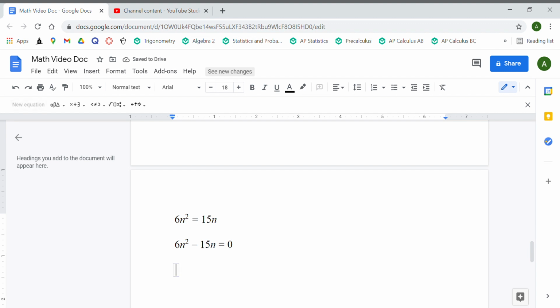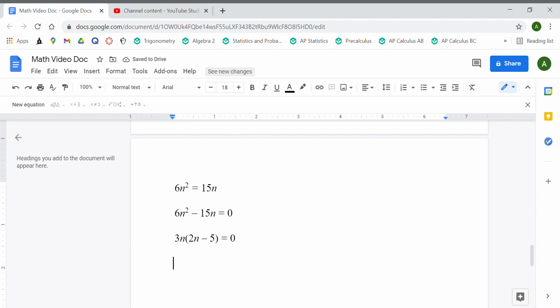That is not a whole number, so 6 is not a factor of 15. 3 goes into 6 2 times. 3 goes into 15 5 times. There you have it. The greatest common factor of the coefficients is 3. Take the smallest degree and you get n. Then you just do the rest of the work. 2n minus 5. Set equal to 0.